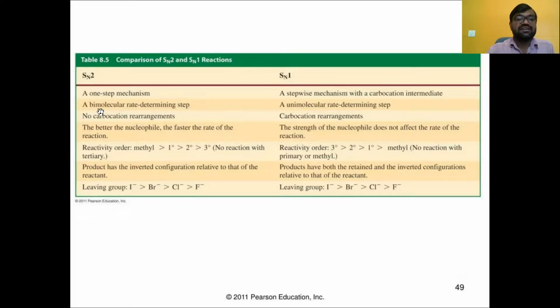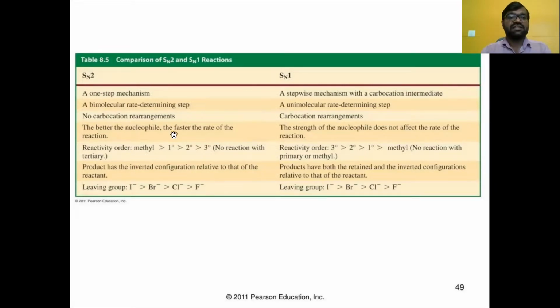Sn2 reaction is basically a nucleophilic bimolecular substitution, and Sn1 reaction happens to have a unimolecular rate determining step. In Sn2 reaction, there is no formation of carbocation, but in Sn1 reaction, dear friends, there can be a possibility of carbocation. Here, there is no intermediate involved. Here, the intermediate is carbocation.